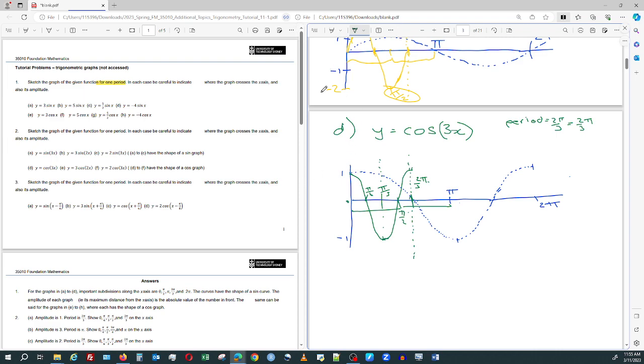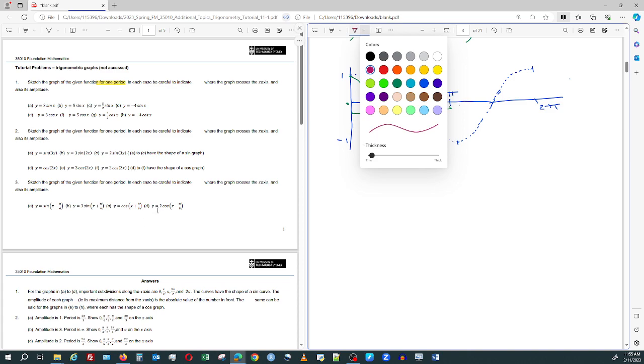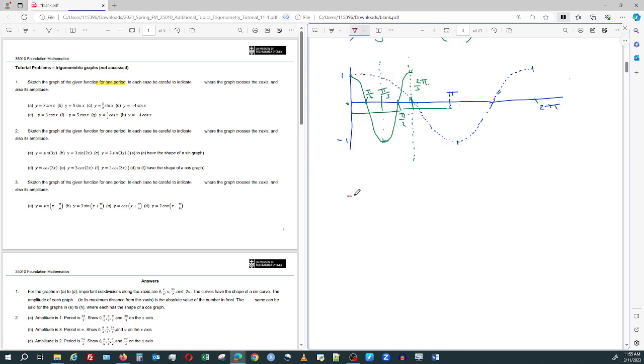Alright, I want to do another one. We're going to have the watermelon one now. Great colour. E. What's E got for us? y is equal to 3 cos 2x. So it's an amplitude change and a period change.